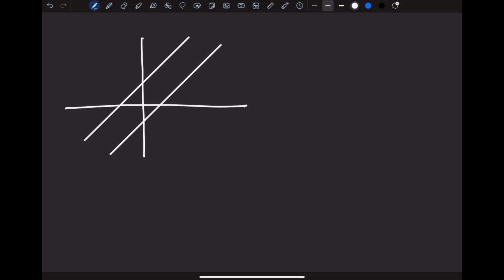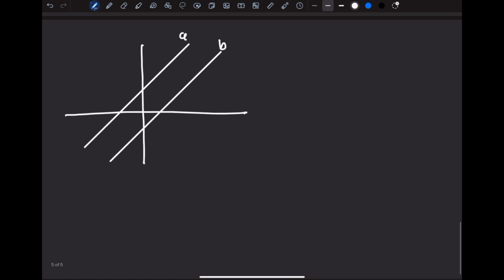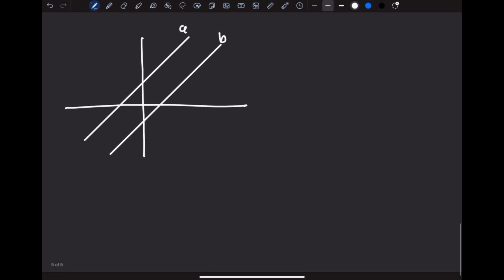So because of that, when you have 2 parallel lines, we'll call this A, call this B, line A and line B. We know that these are 2 parallel lines. They tell you that line A is parallel to line B.